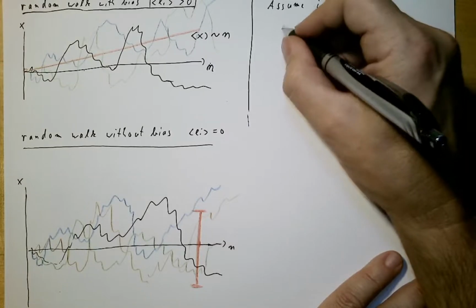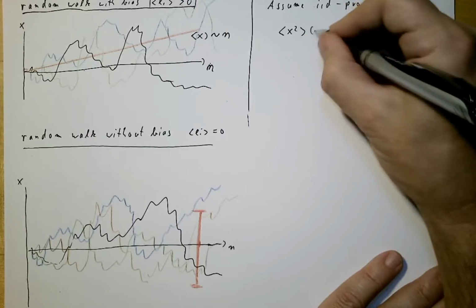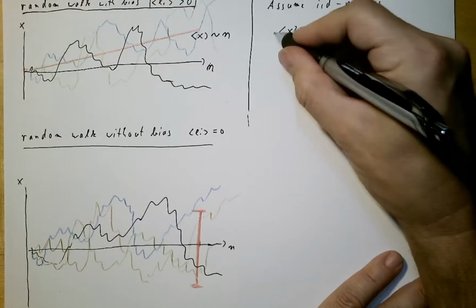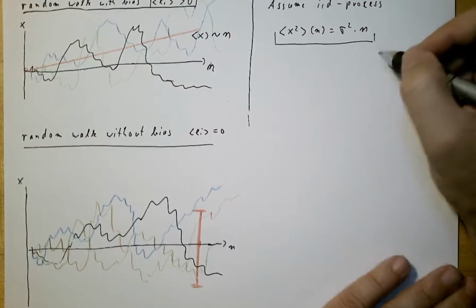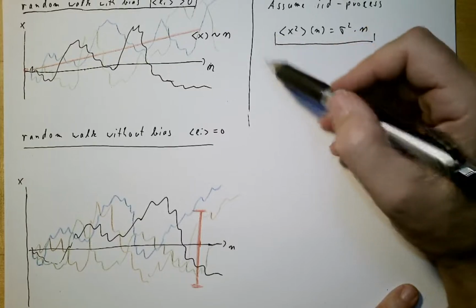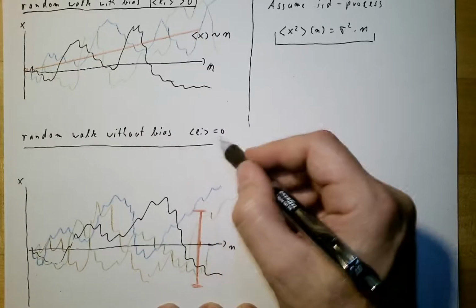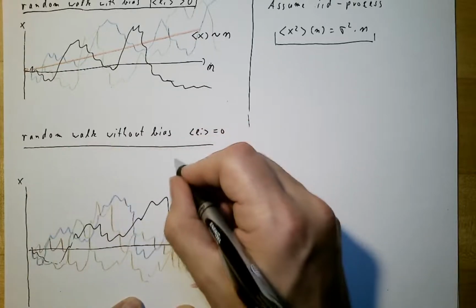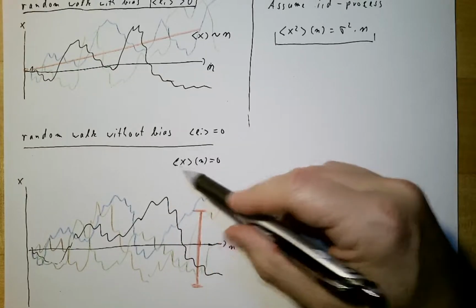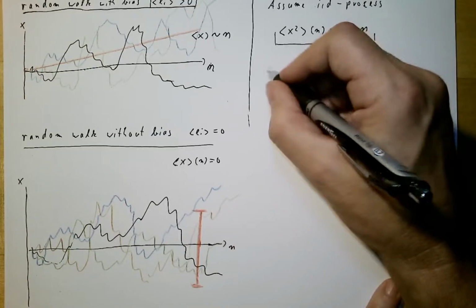So, we have seen that the second moment as a function of time goes with the variance times time. And since the mean value of the walker, in this case here, of course equals 0, this is automatically also the standard deviation.